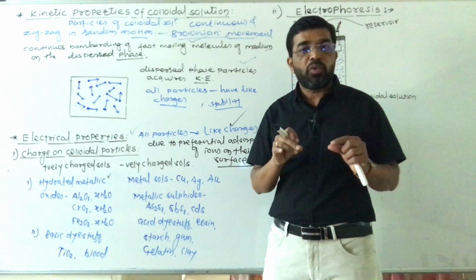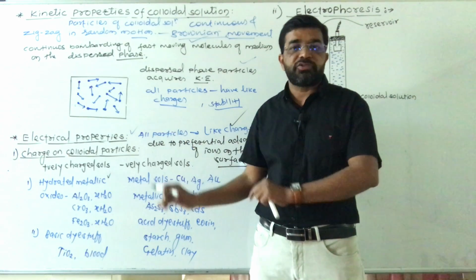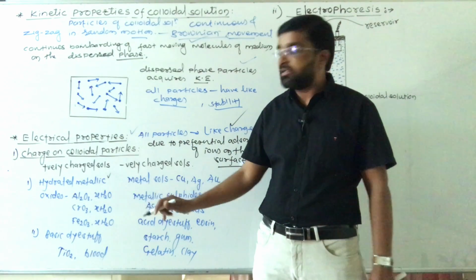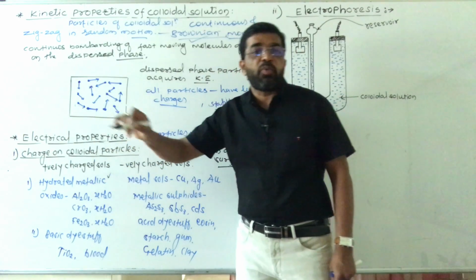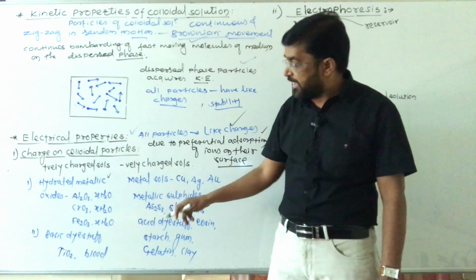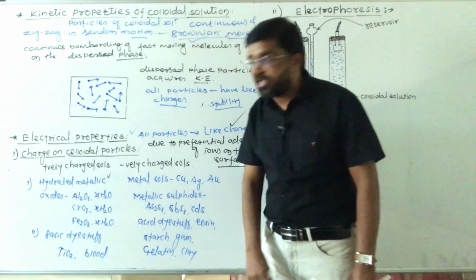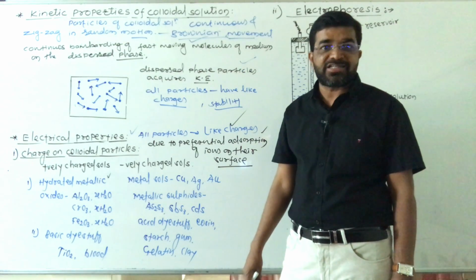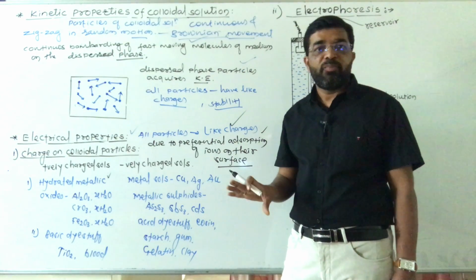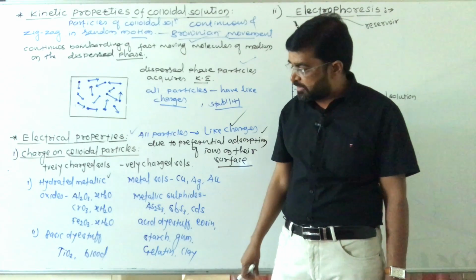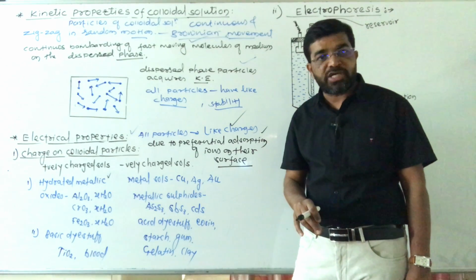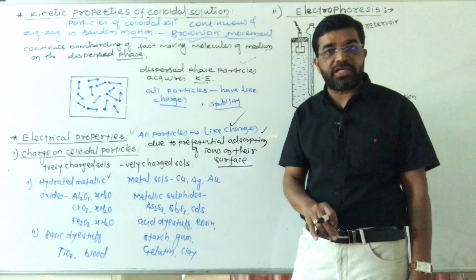When colloidal solutions of such oxides are prepared, then their particles are positively charged. Then the basic dyestuffs have positively charged colloidal particles, as well as titanium oxide, a metal oxide.